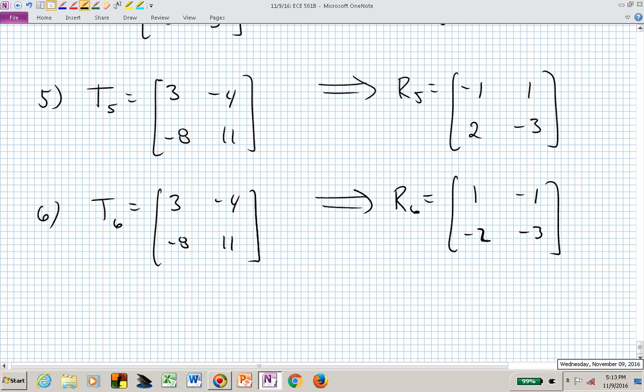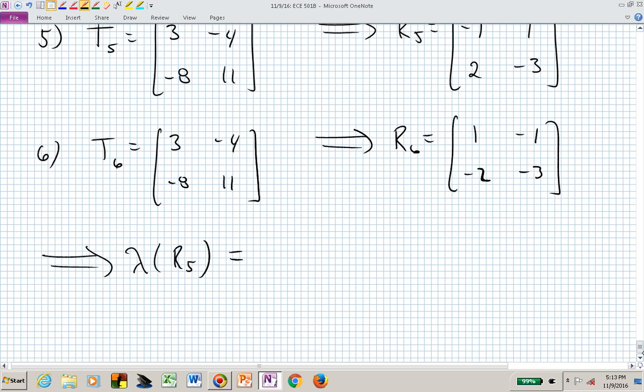And you can go home and test that out. But one thing that you might note before you go home is what are the eigenvalues of R5 and what are the eigenvalues of R6.